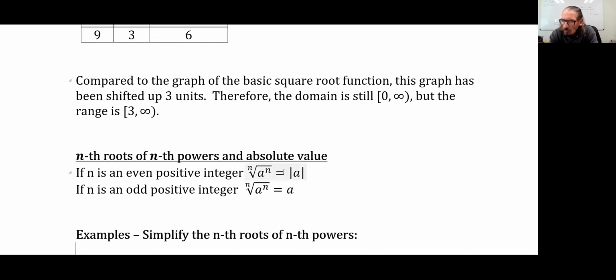But because when we put an even index, we had 2 possible square roots, for example, or 2 possible 4th roots, then when you raise either a positive or negative to an even power, you're going to have a positive here, and then you take the principal nth root of that. Then if you started with a negative, that's going to get rid of that negative. So we would have the absolute value of a. Whereas if n is an odd index, then the nth root of a to the nth, they really are canceling each other out, and we just get the a.